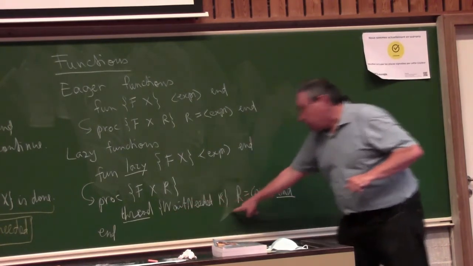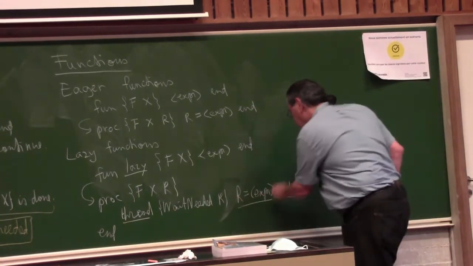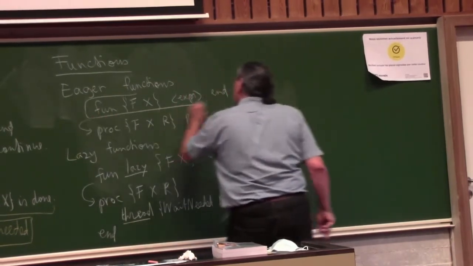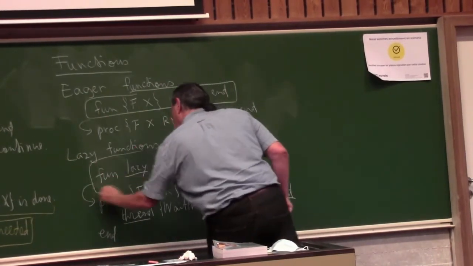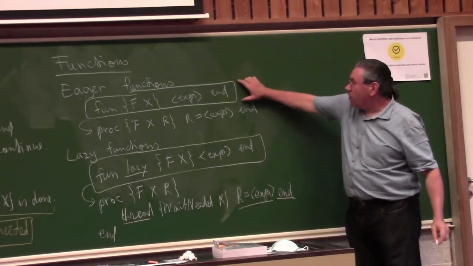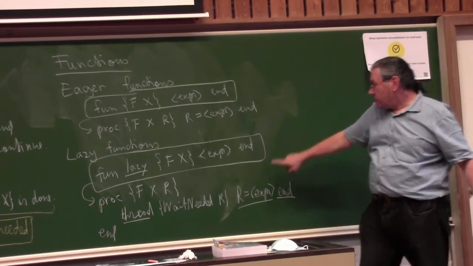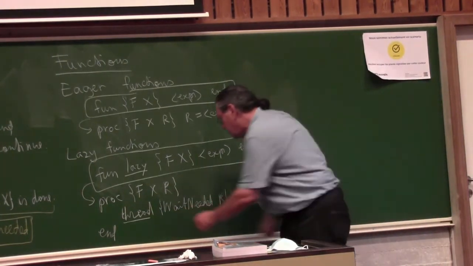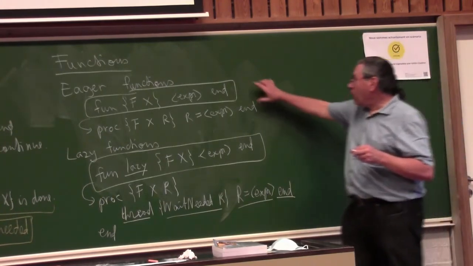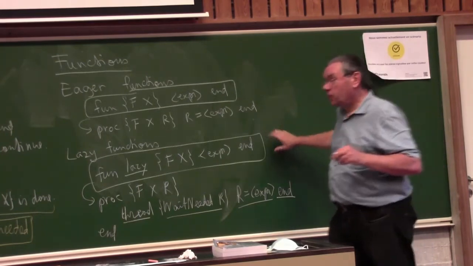And when this wait needed continues, then I compute r. So this is a syntactic shortcut. You can see there are eager functions and lazy functions, and the semantics of the lazy function is defined using wait needed. But for the programmer, they look almost the same.